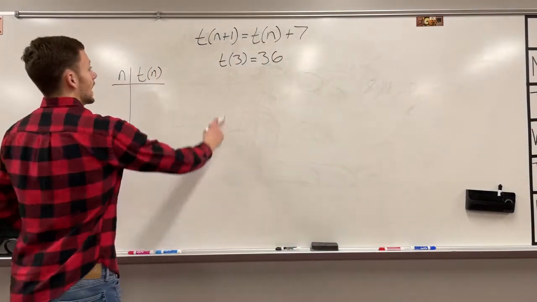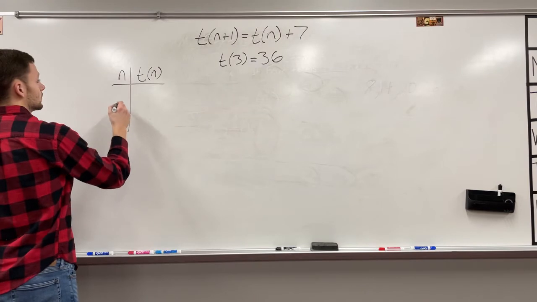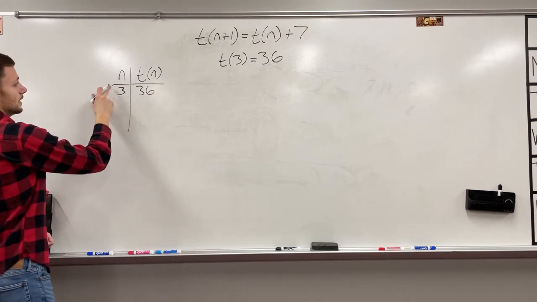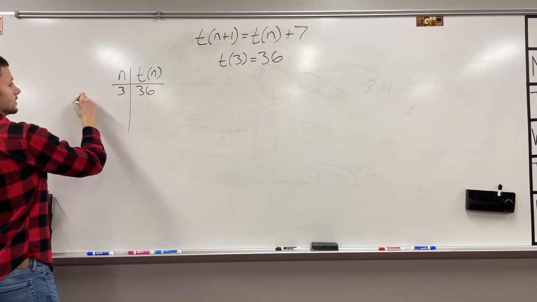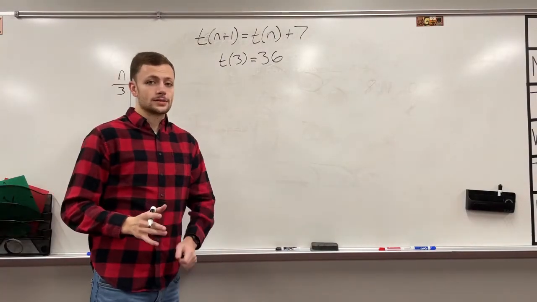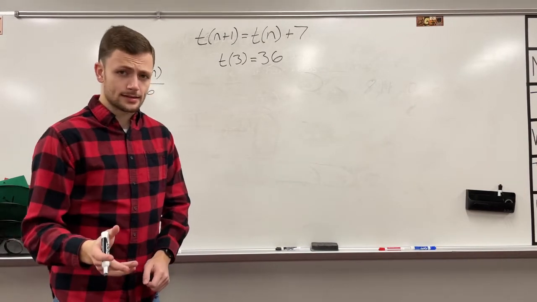So specifically, I gave you already that t of 3 is 36. So if n is 3, t is 36. So when n equals 3, the value of my sequence is 36.